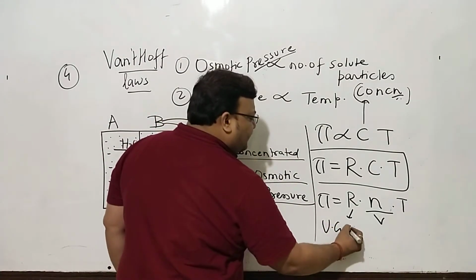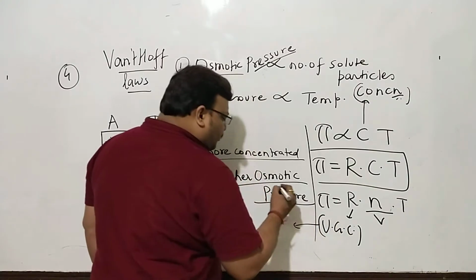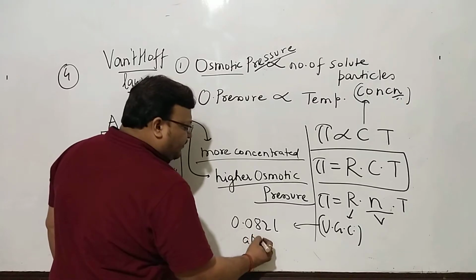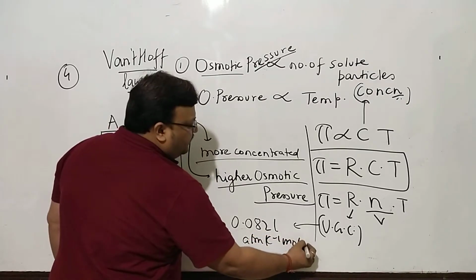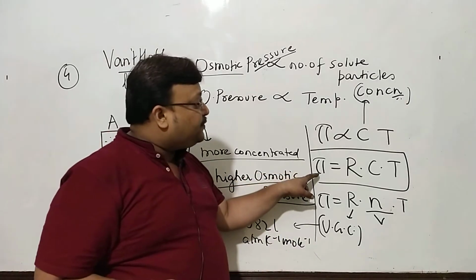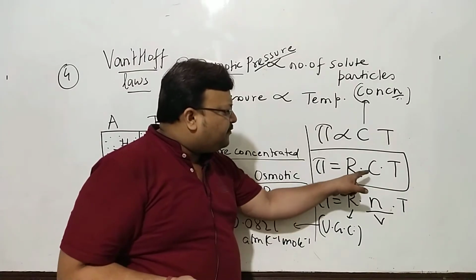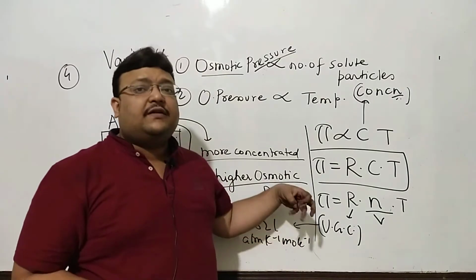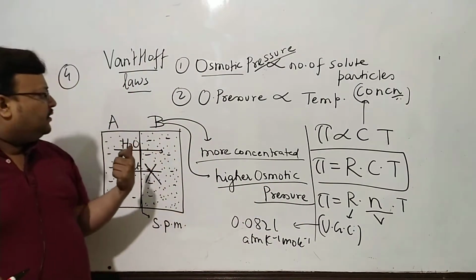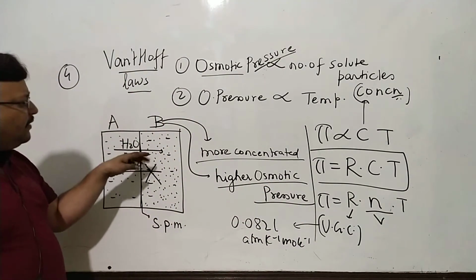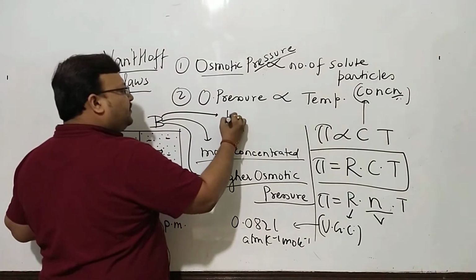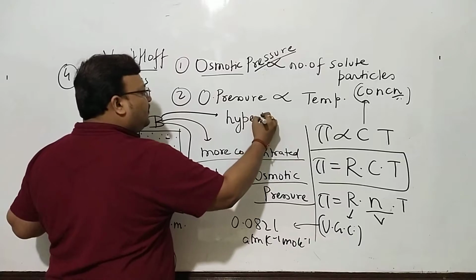This R is the same universal gas constant with the same value of 0.082 liter atmosphere per Kelvin per mole. But the fact is, this is proportional to the count of particles, and because it's proportional to the count of particles, it's also a colligative property. Between A and B, the one having higher osmotic pressure is called hypertonic.